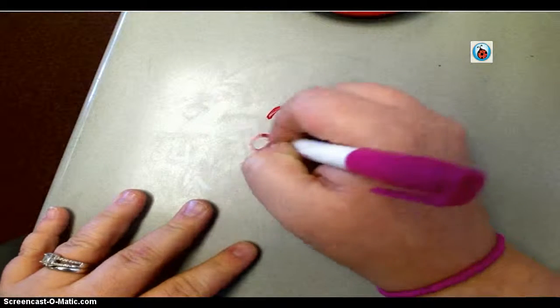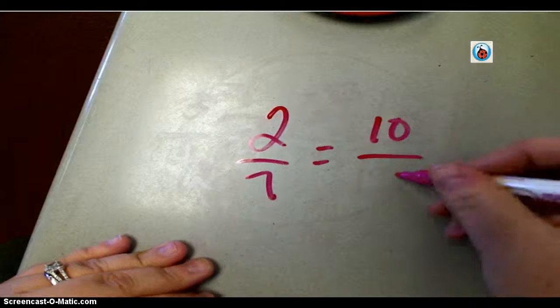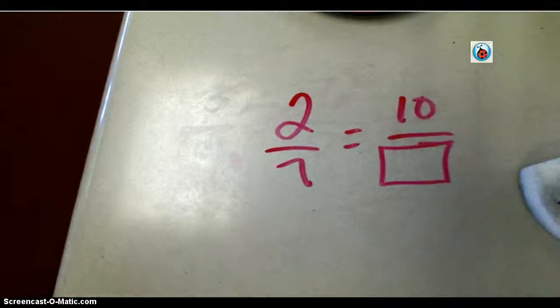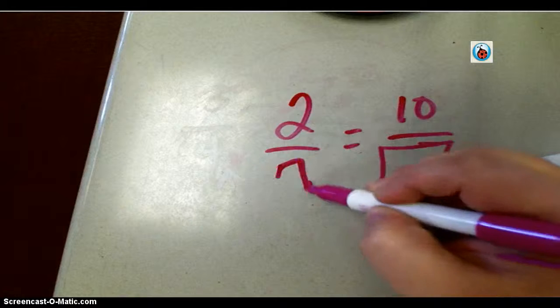What if I give you something that looks like this? And you have a blank right here. Tell me what it is. On your board, show me what it is. 2 over 7 is equal to 10 over what?